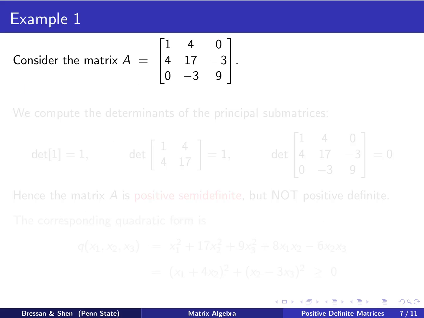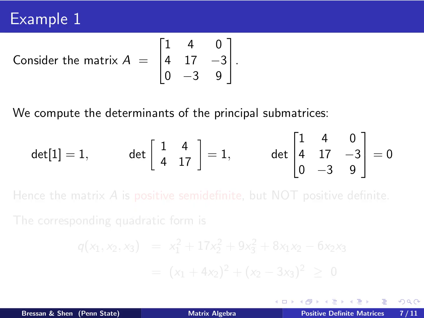Now let's take an example. Let's consider the matrix A. It's symmetric, and it's 3 by 3. We can now compute the determinants of the principal submatrices. The first one will be just this number, 1. And then the second one, taking one row and one column, will be this one: 1, 4, 4, 17.